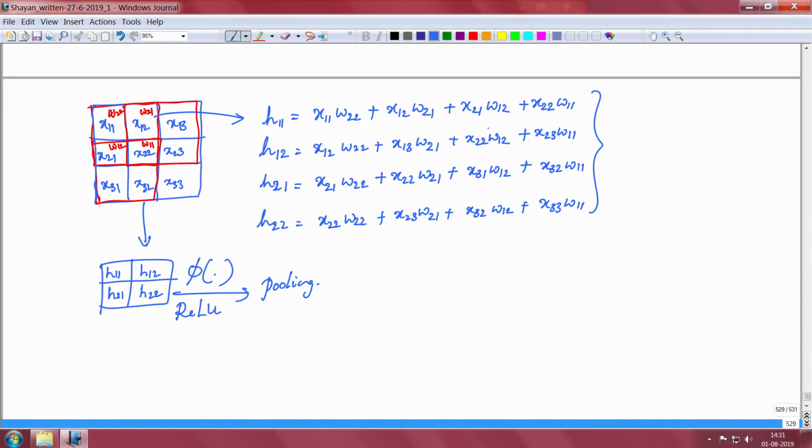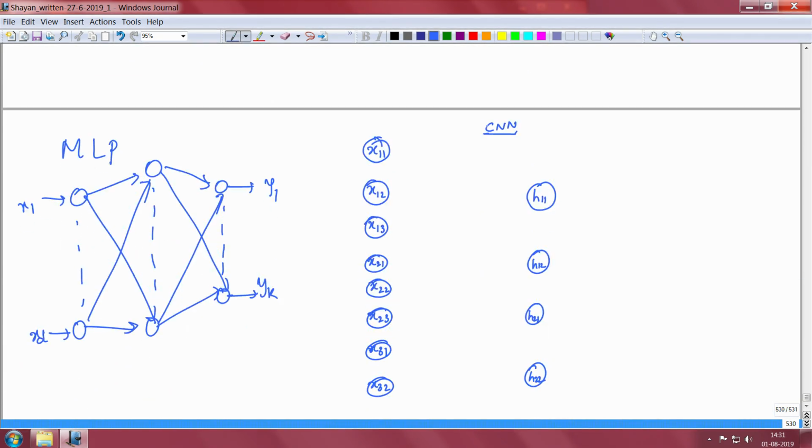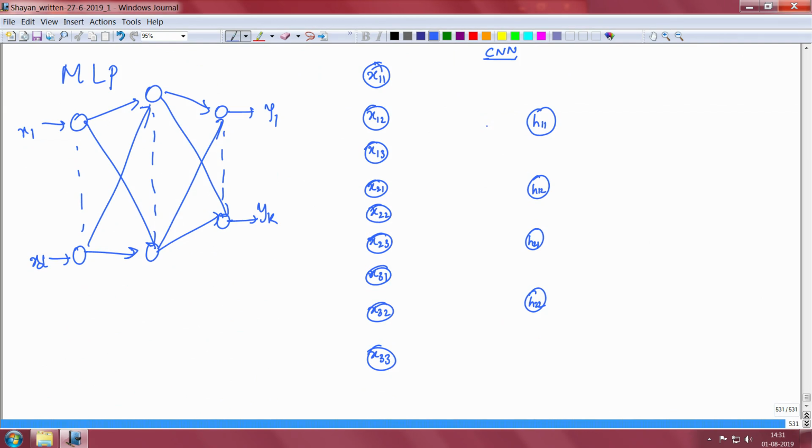In order to get h11, we need x11 weighed by the parameter W22.